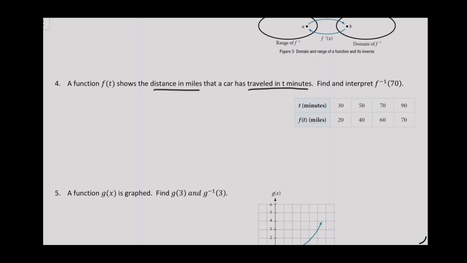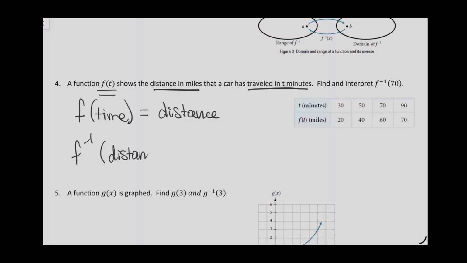Okay, so regular f function inputs time, outputs distance. So the inverse function is going to input distance and output time. Well, if we have f inverse of 70 equals, so 70 in this case is distance.